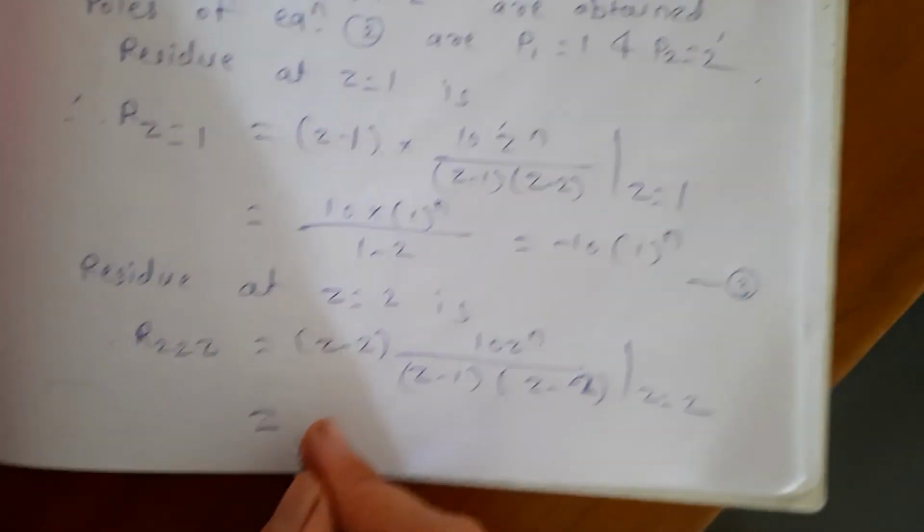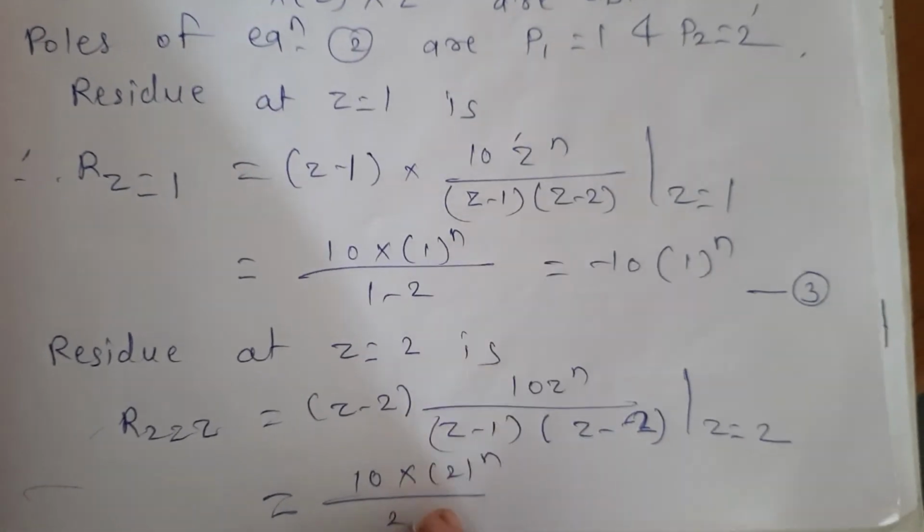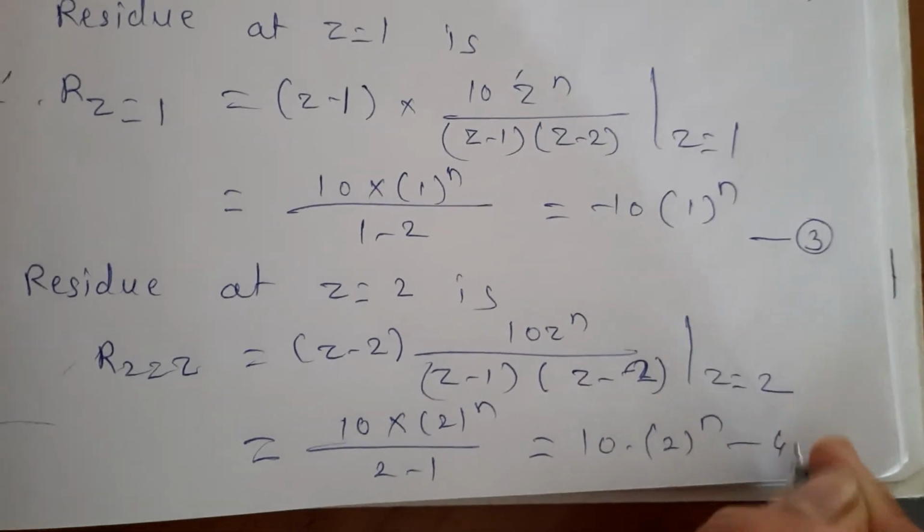So by substituting the value we get 10 into 2 raised to n over 2 minus 1, it is 10 into 2 raised to n. This is equation 4.